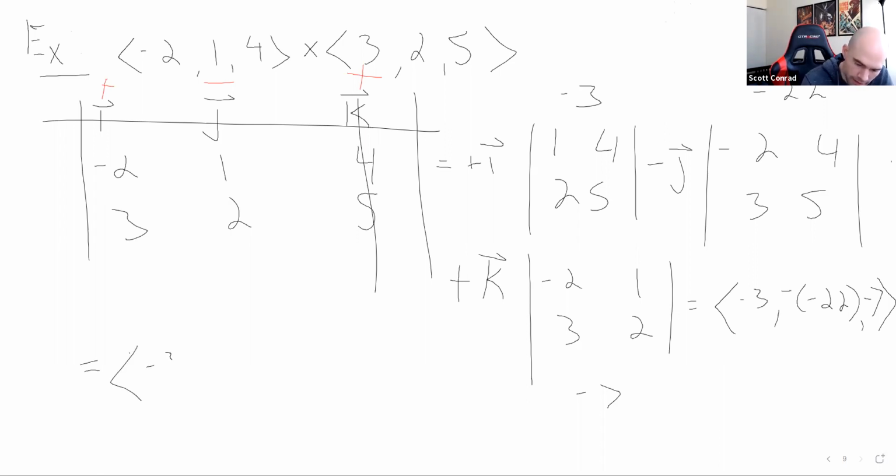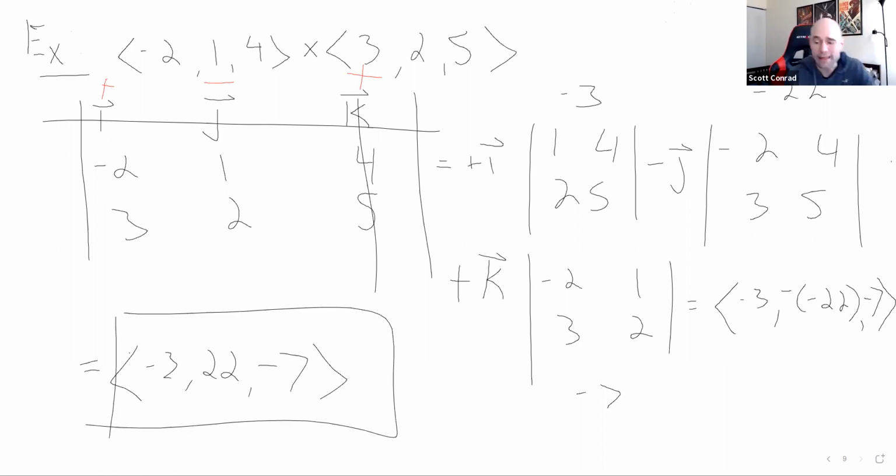So yeah, -3, 22, -7. You can write it like that, or you could leave it as -3I plus 22J. Remember, don't forget the minus, so minus -22 is 22, and then minus 7K. It means the same thing.